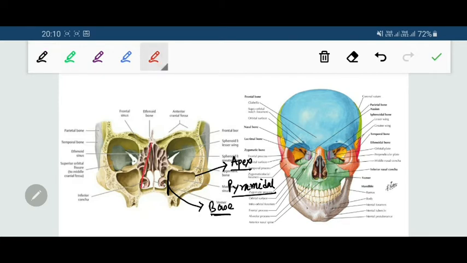This is the lateral wall of the nose, and apex is directed laterally towards the zygomatic bone. If we tally the figures side by side, it will be very clear how the base and the apex of the pyramidal shaped maxillary sinus are present on both the sides.